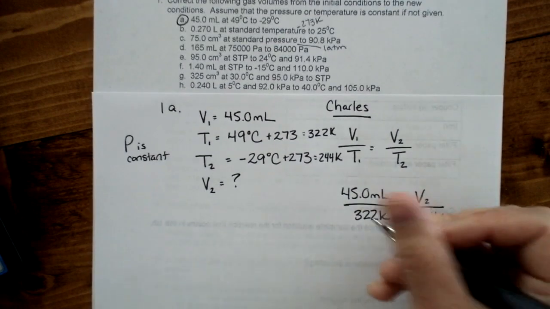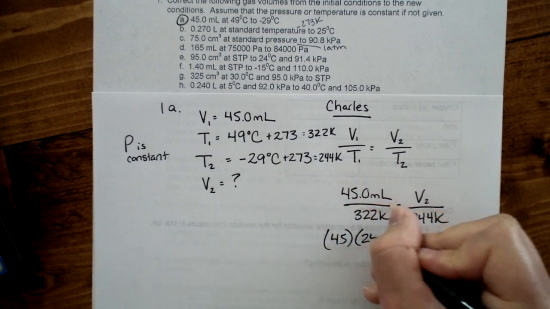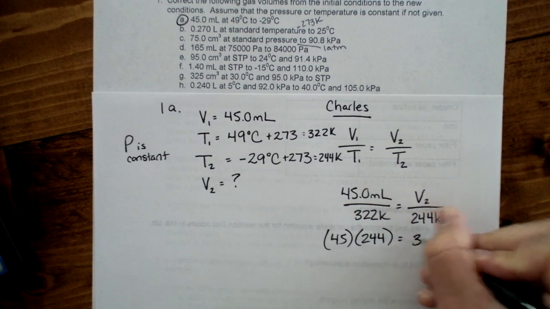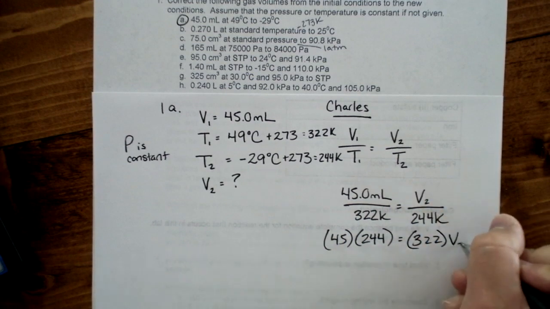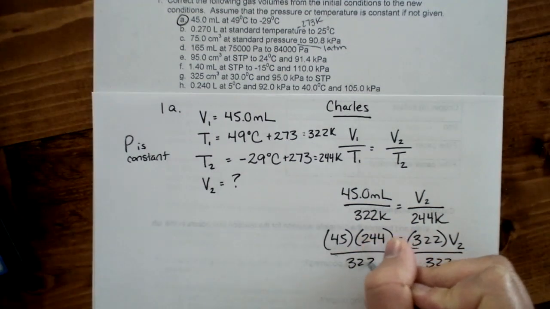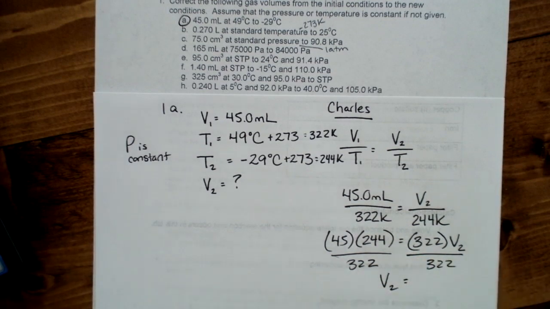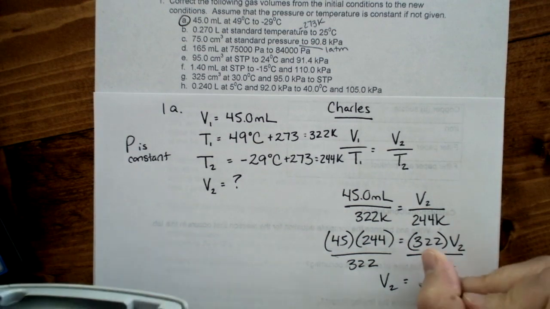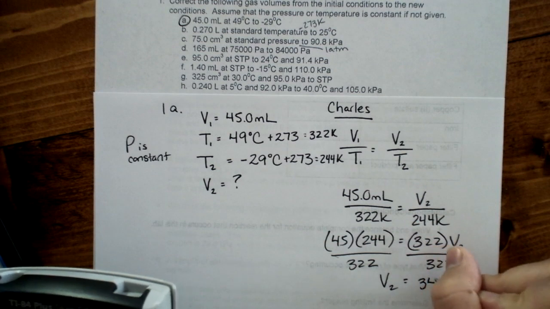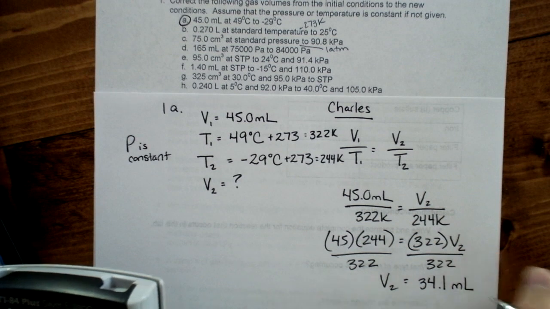If you want to do cross multiplication, then it'll be 45 times 244 equals 322 V2, and then you just divide both sides by 322 to get V2 by itself. 45 times 244 divided by 322, we end up getting 34.1 milliliters.